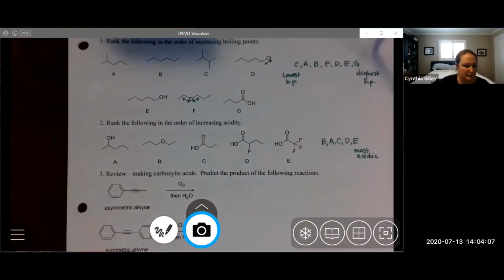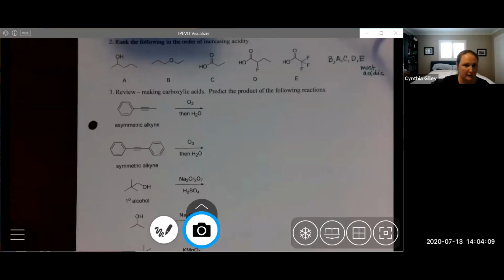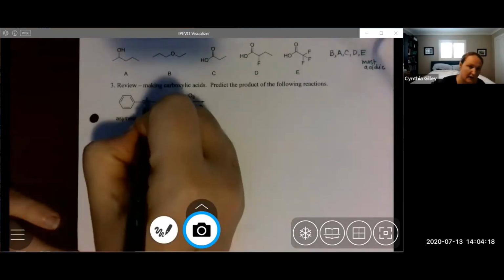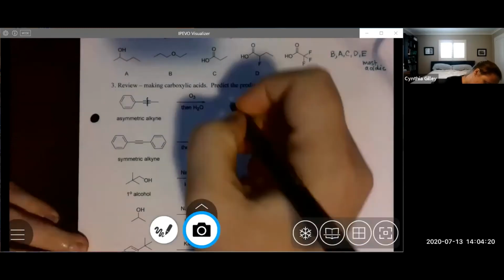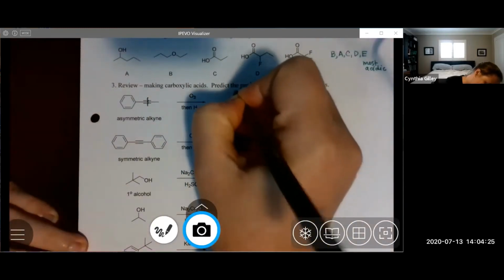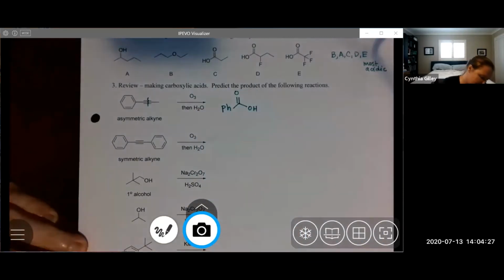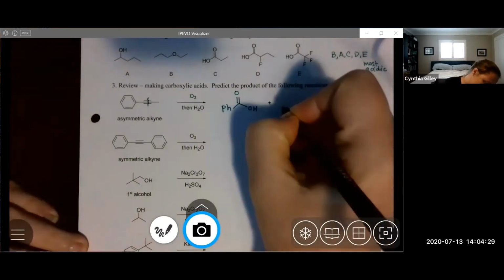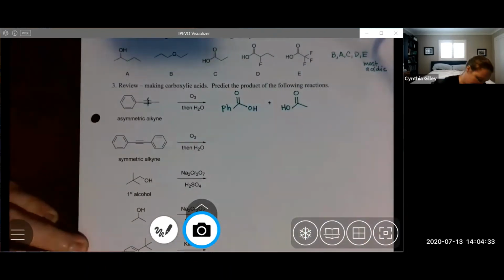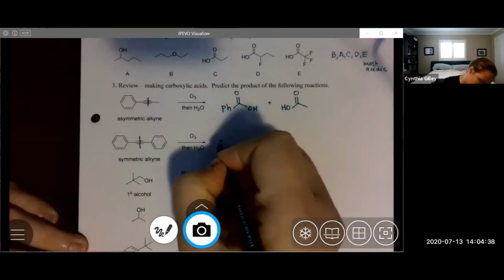Okay, in terms of review of the reactions that make carboxylic acids, we have ozonolysis. Ozonolysis of an alkyne, and we'll get carboxylic acid. This one is asymmetric, so we get two different carboxylic acids versus a symmetrical alkyne, which would produce two of the same thing.